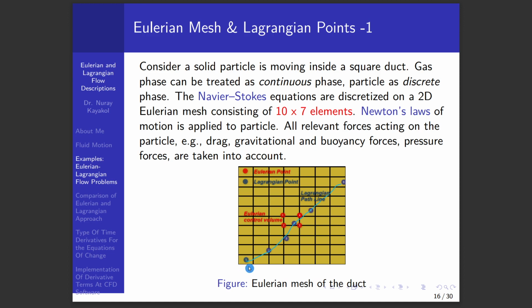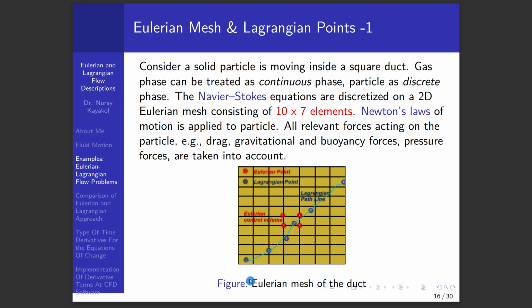If we count the number of boxes or grids along the horizontal direction, it will be 7: 1, 2, 3, 4, 5, 6, 7. On the vertical one, we have 10 boxes or grids, so totally we have 70 elements. That means this box is meshed with a structured grid.